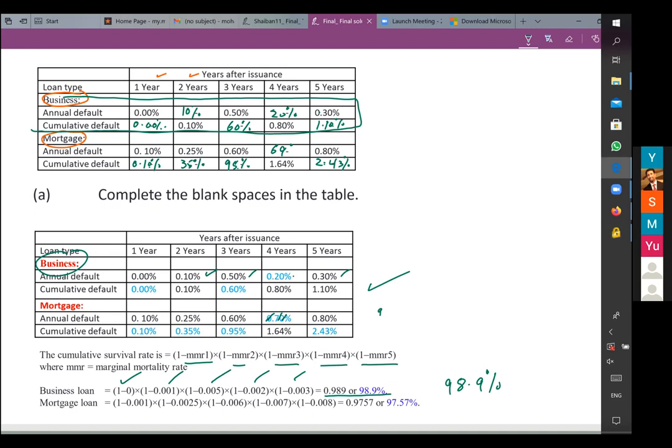Or you can say it's 1 minus this one, which becomes 98.9%. You can either take the cumulative of the years, or you can just take the cumulative and subtract it from 1 and you will get the same number. You can do this for business loans and for mortgage loans. I think this is very straightforward.